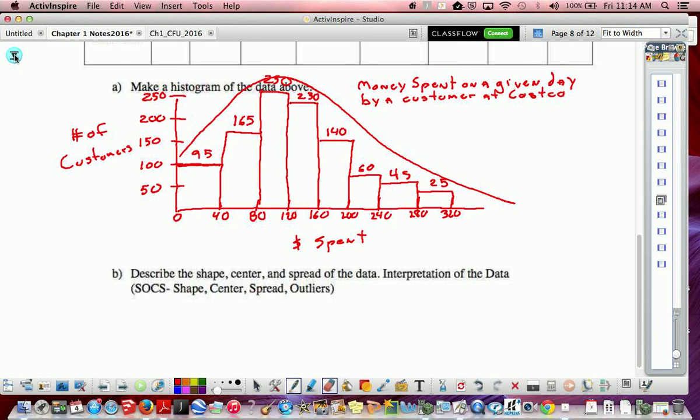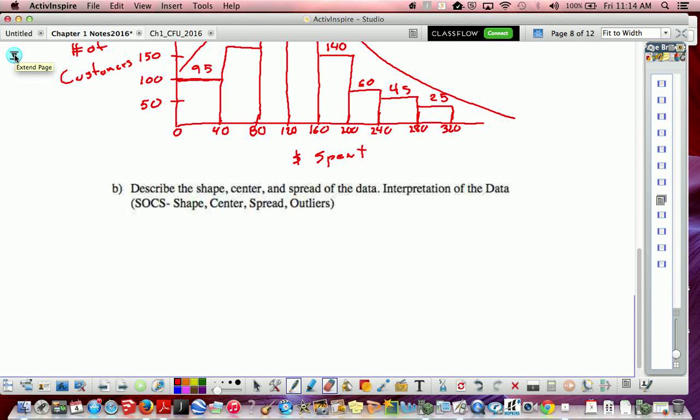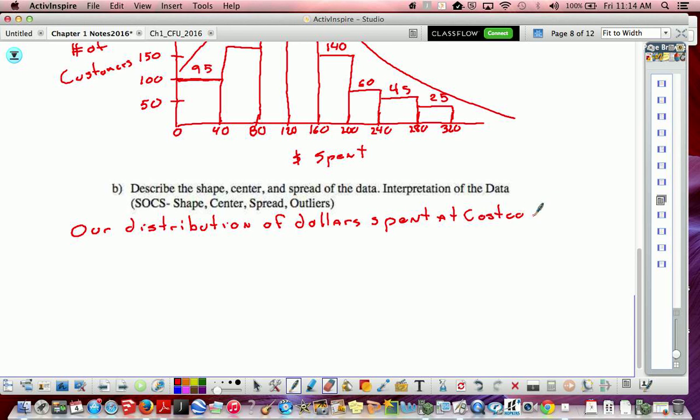So, here we go. I'm going to move that up a little bit. So, our distribution of dollars spent at Costco, because I always want to put it in a context, is skewed to the right with a center around.